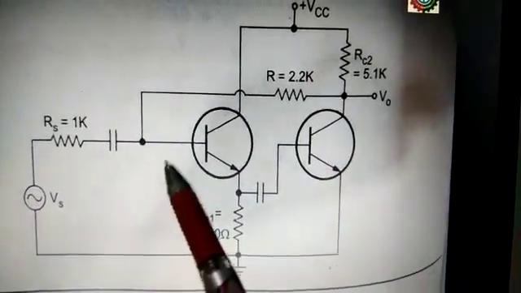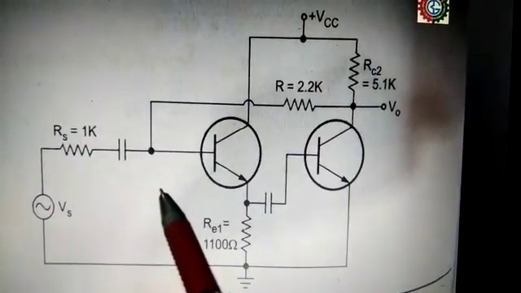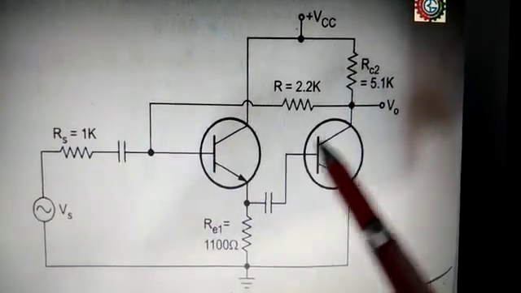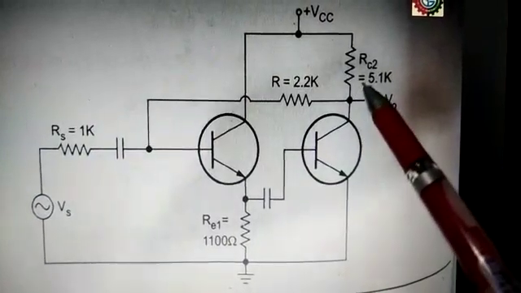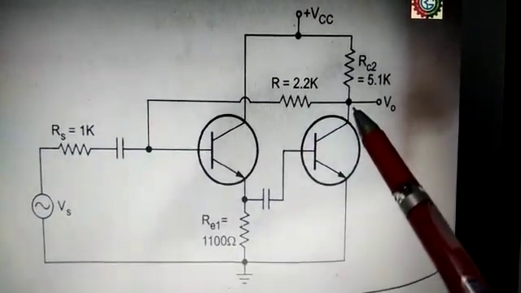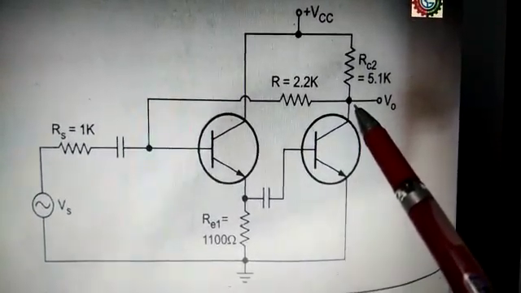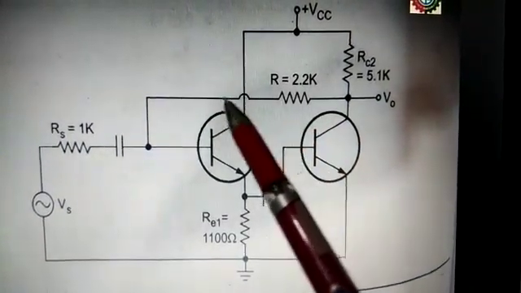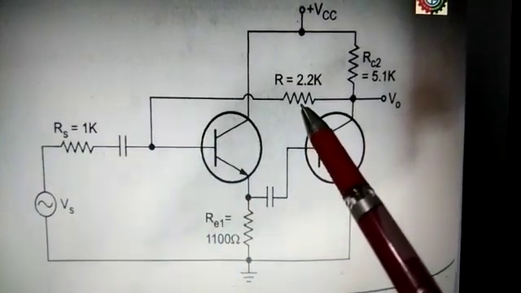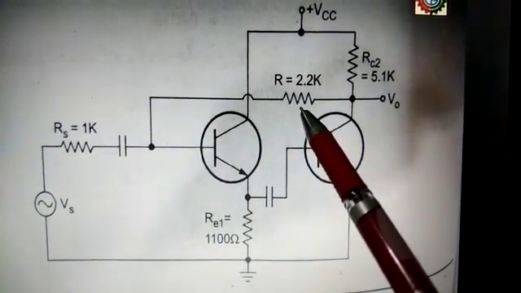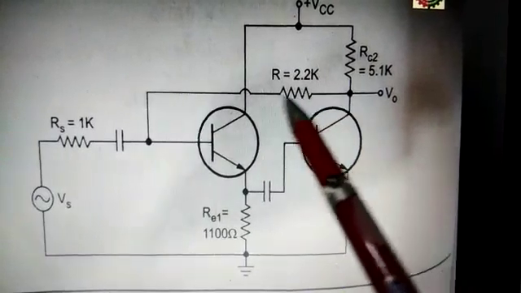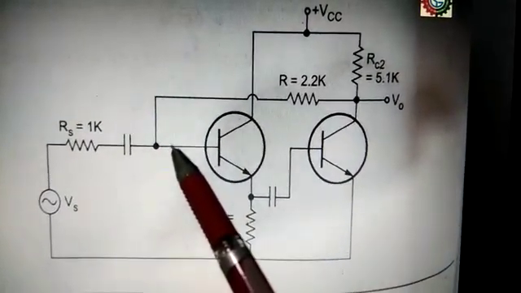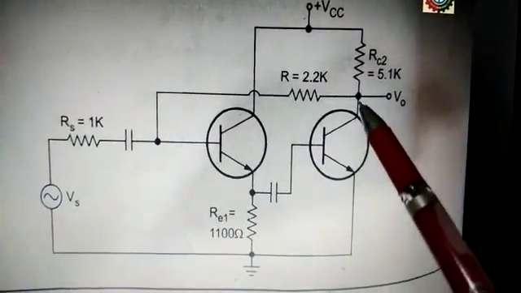In the same fashion as in the first numerical, the single stage transistor, the output is the voltage across RC2, and this voltage provides current to the feedback circuit, the 2.2 kilo ohm resistance, and this current flows to the input side.